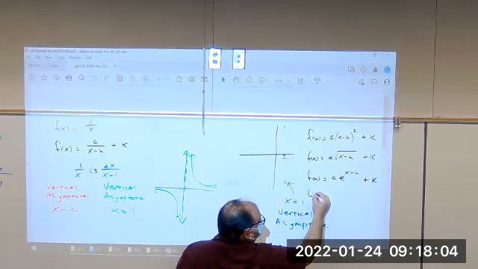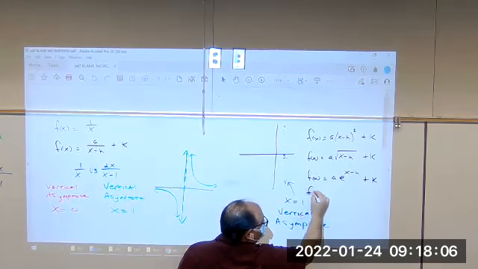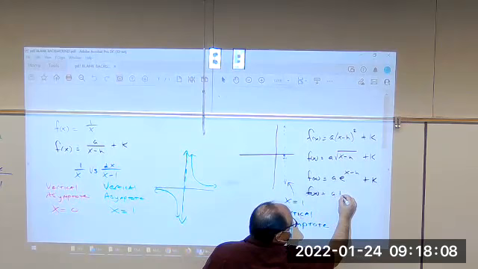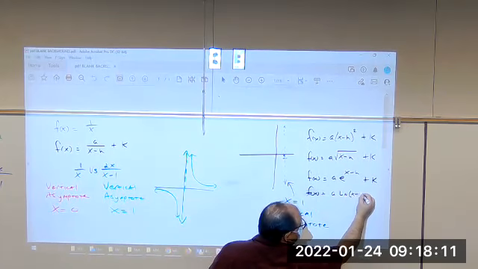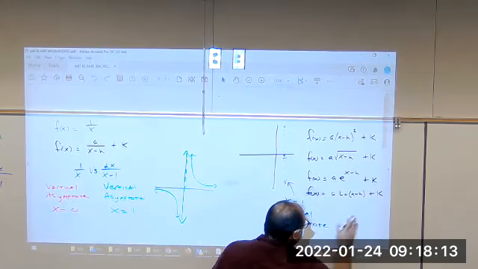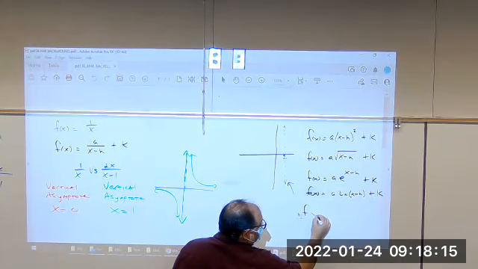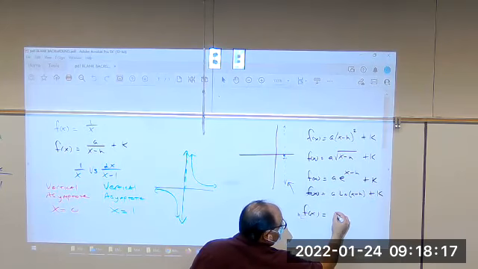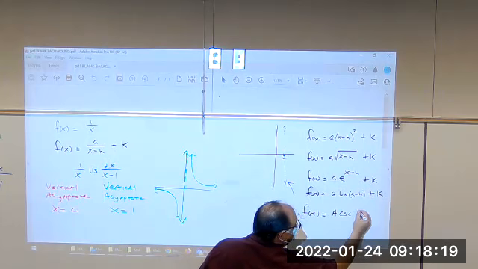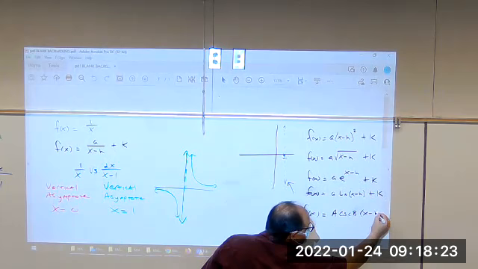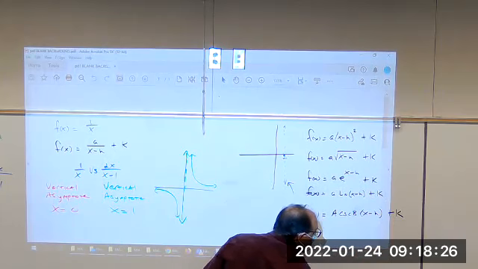For logarithms, f of x equals a natural log of (x minus h) plus k. Trig, f of x is equal to a cosecant of b(x minus h) and then plus k.